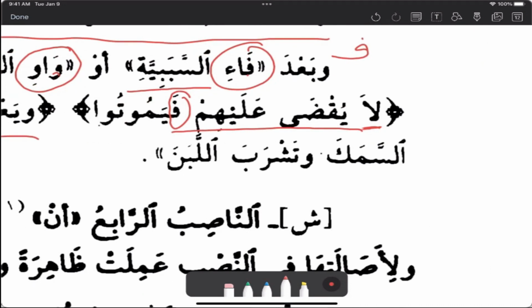That's a seeking, that's not a pure negation. وتشرب. Here, this is wow al-ma'iyya. While you drink milk, don't eat fish while drinking milk. So someone might translate that as, don't eat fish and drink milk. So and here means what? With.